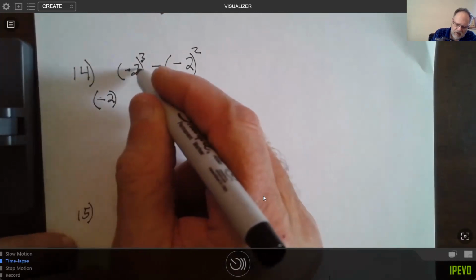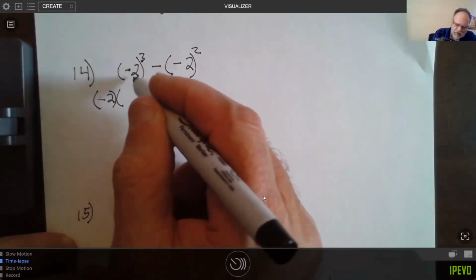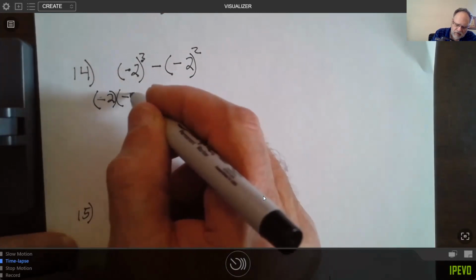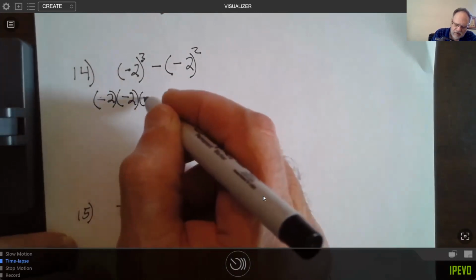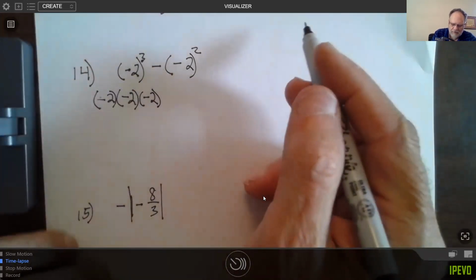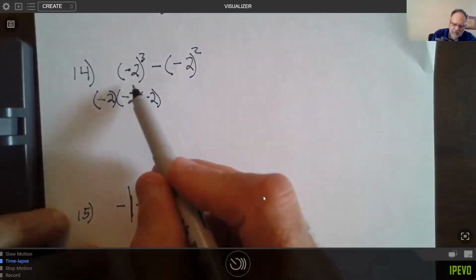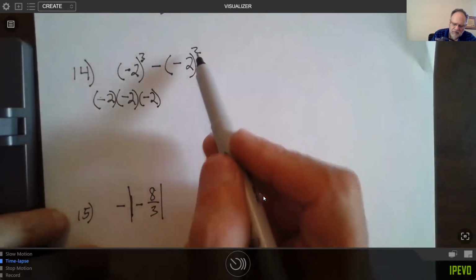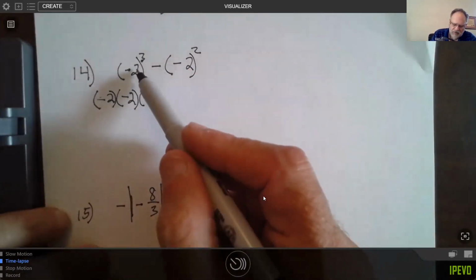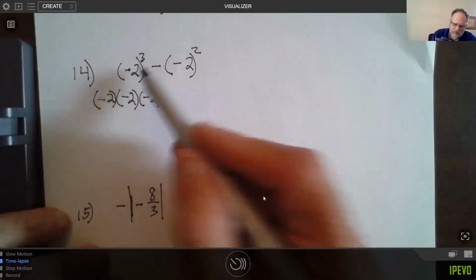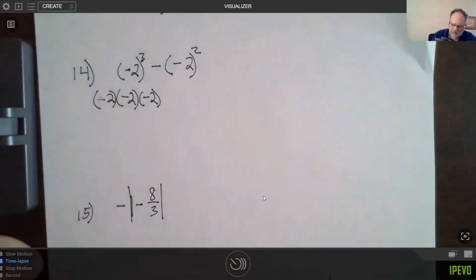Since the negative and the 2 are in parentheses, we're multiplying the negative and the 2 three times. So negative 2 times negative 2 times negative 2. Again, exponents before subtraction in this case. And since the first one is furthest to the left, we'll do that first.